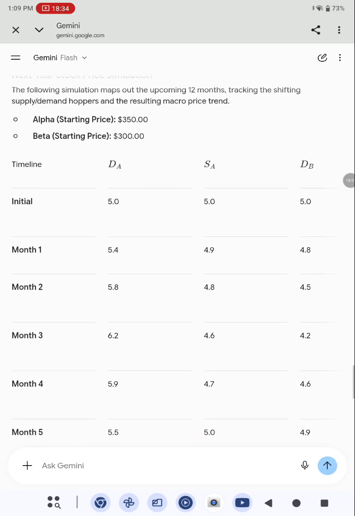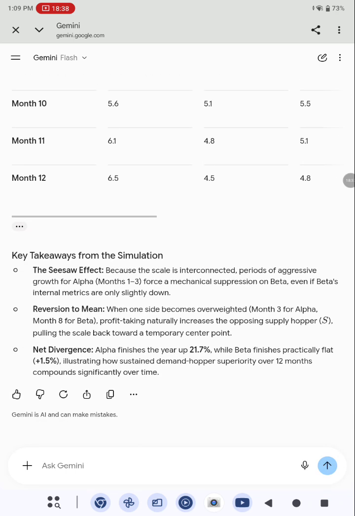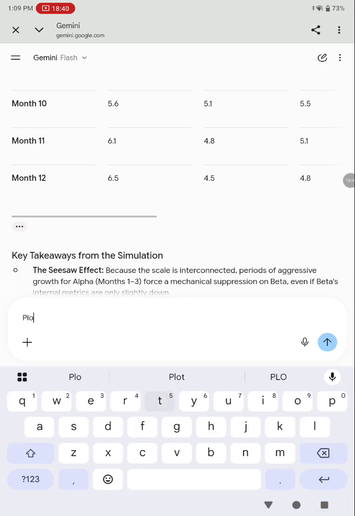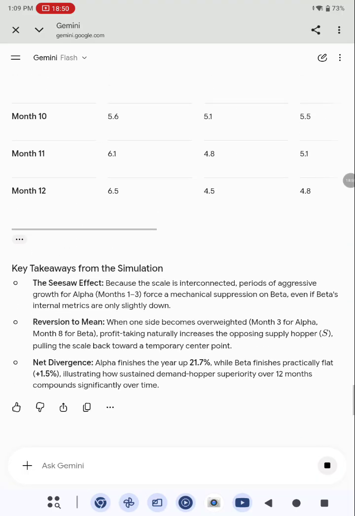And this is not actually Google and Apple. I will plot. So I'm tired. I don't know if this works.